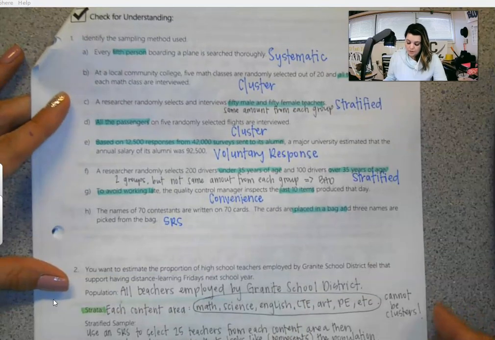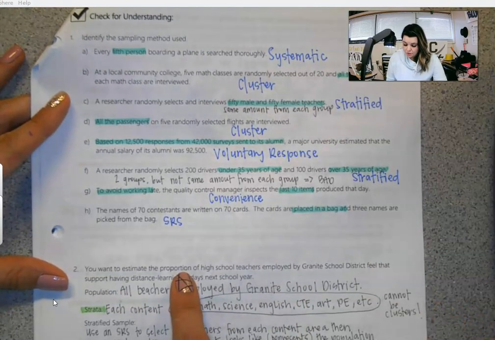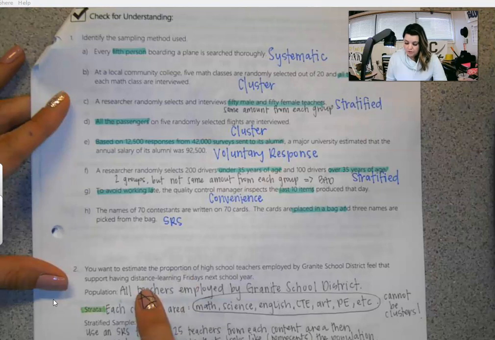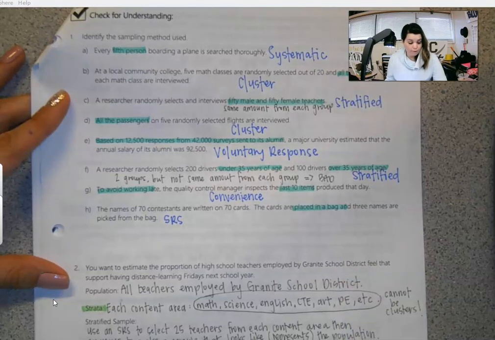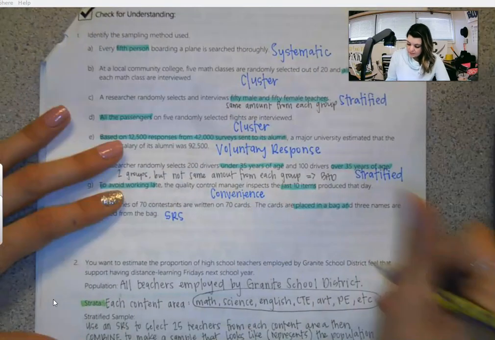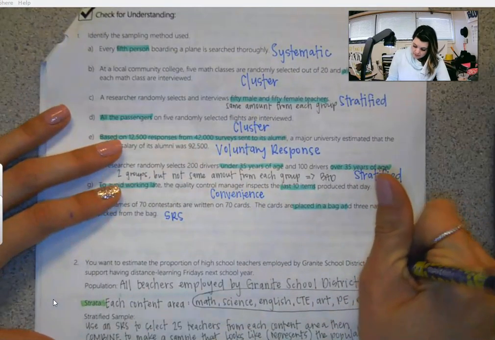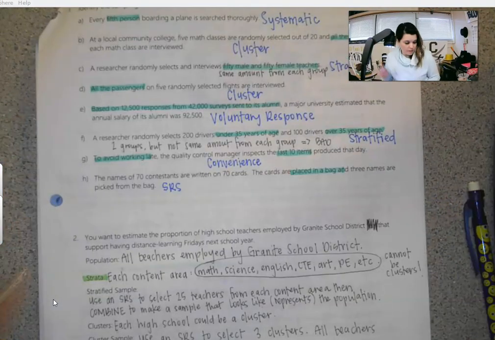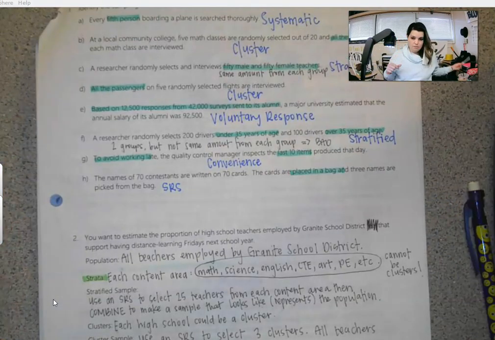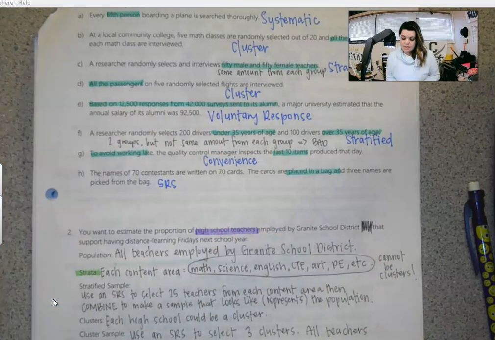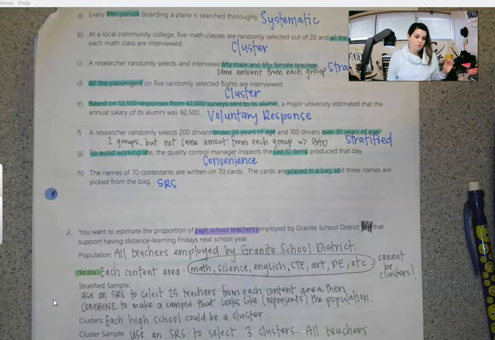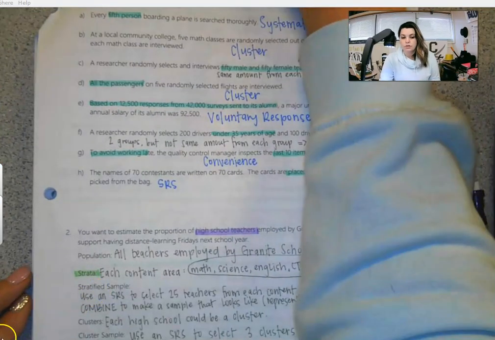Okay, 2, you want to estimate the proportion of high school teachers employed by Granite School District that support having distance learning Fridays next year. So when I first did this, I, for some reason, completely missed the portion where they say we're focusing only on high school teachers.